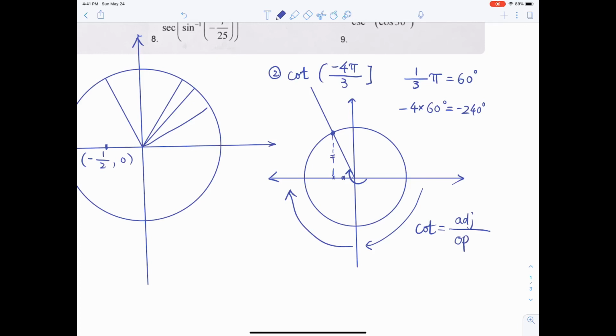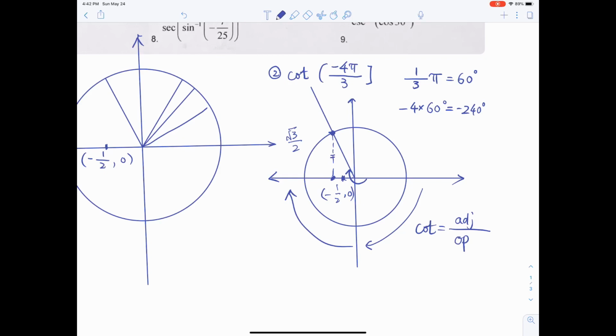So this is the adjacent. How much is it? This is 60 degrees, so this is negative half. Let's just write down the point value.